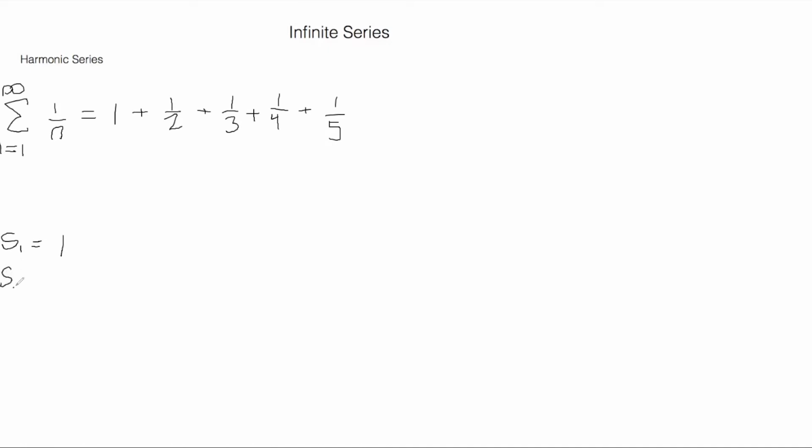S of 2 would be the partial sum with only 2 elements: 1 plus 1/2. And then we have the partial sum with 3 elements: 1 plus 1/2 plus 1/3. And if we do the fourth partial sum, we have 1 plus 1/2 plus 1/3 plus 1/4.